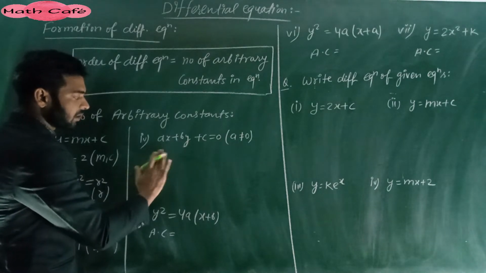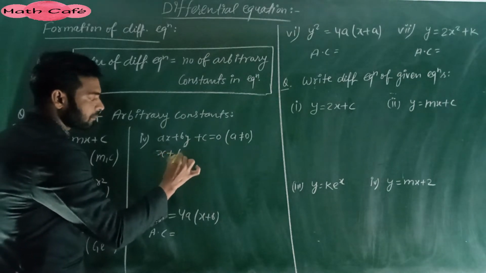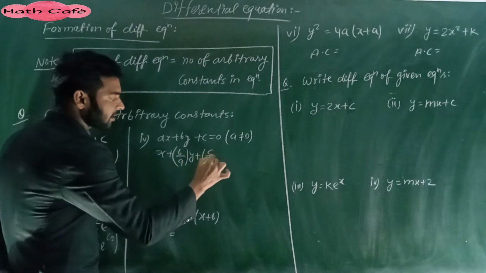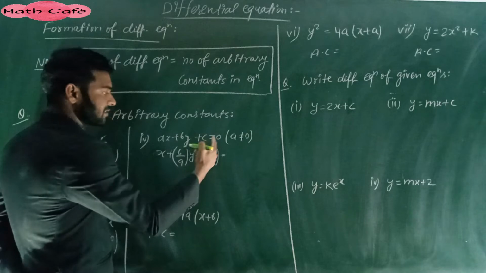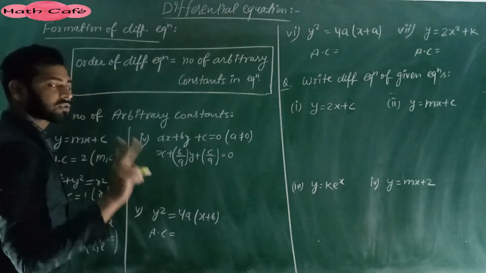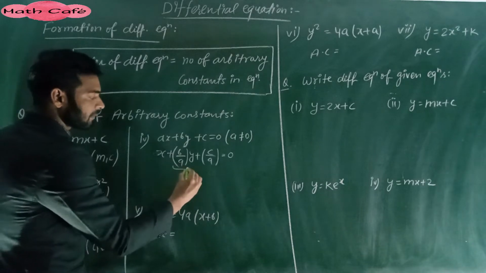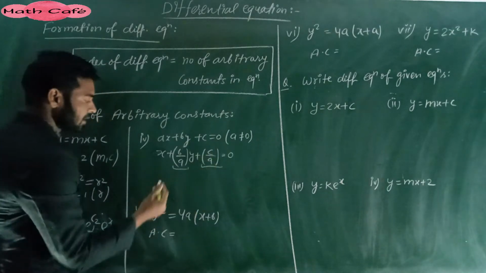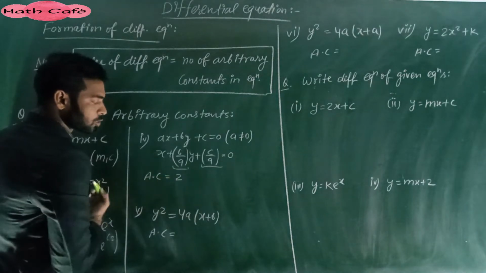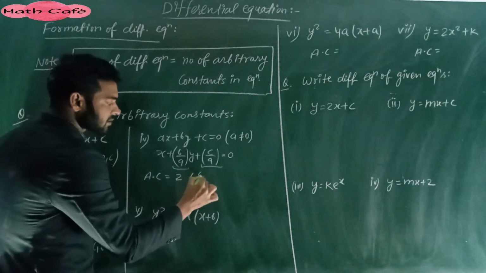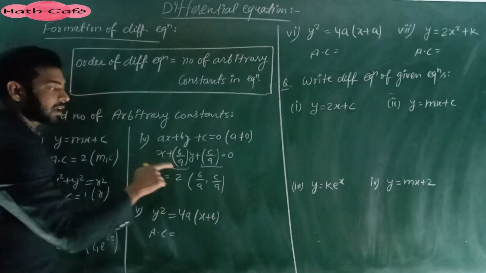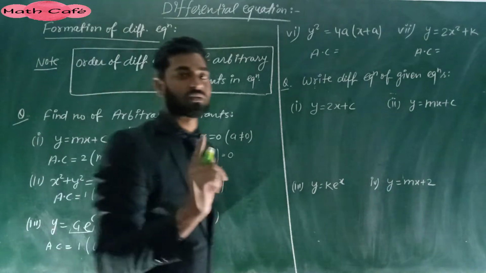So this equation will become x plus b by a into y plus c by a equals 0 by a, that will become 0. So here the arbitrary constants are 2. The first one is b by a and the second one is c by a. Listen carefully, there are only 2 arbitrary constants, not 3.